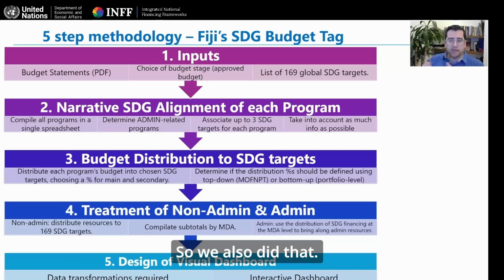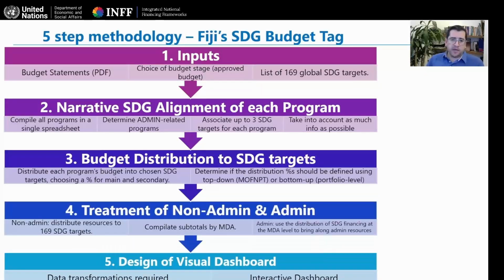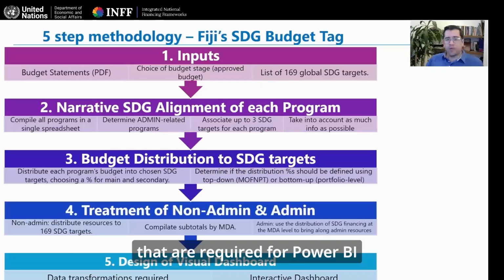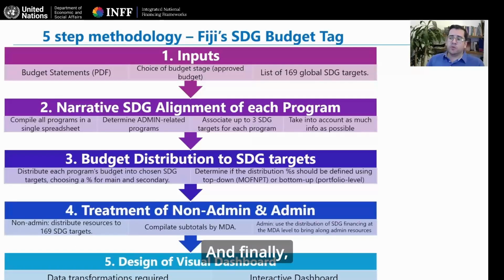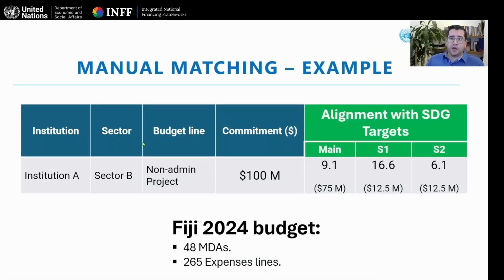So we also did that. And finally, what we just did was compile the visual dashboard by doing some basic data transformation that is required for Power BI to read and present the visuals that we want. And finally, we constructed the interactive dashboard. So that's what we just did here.